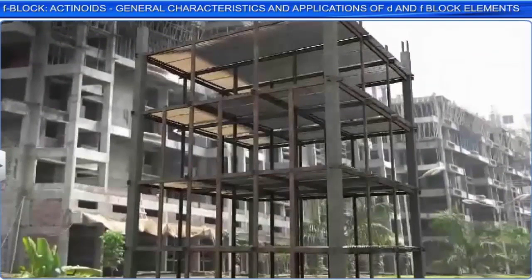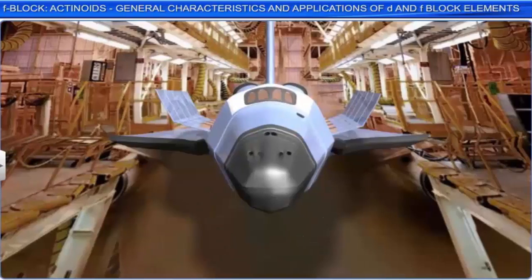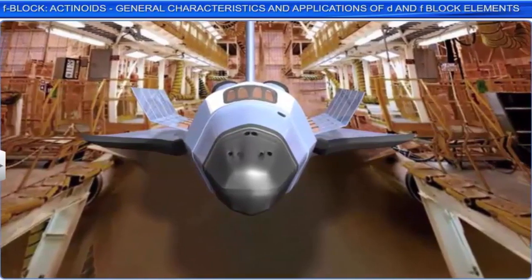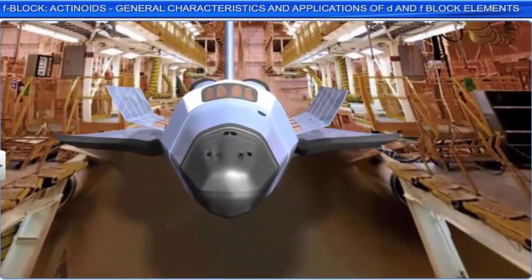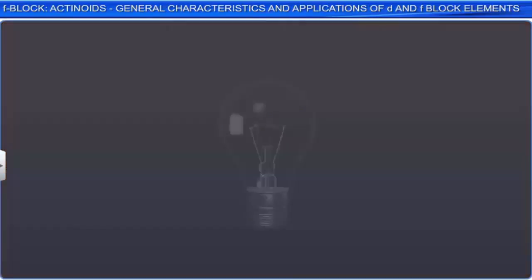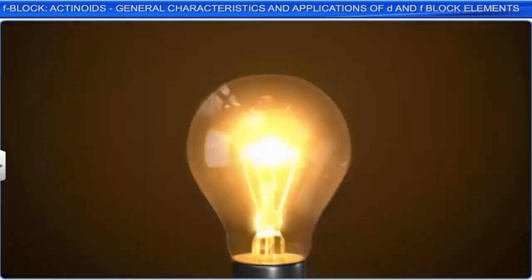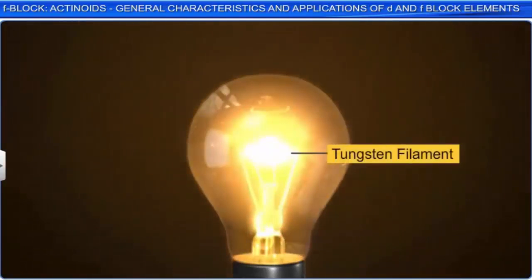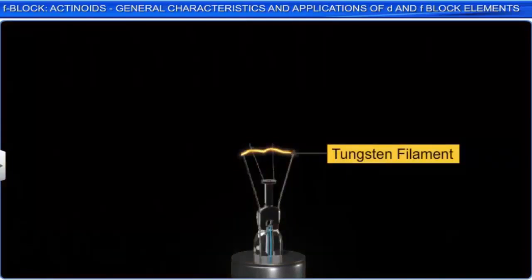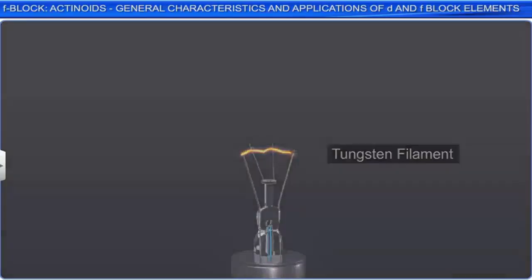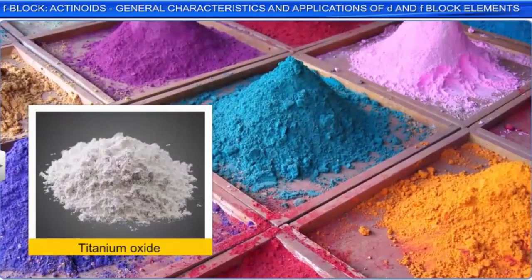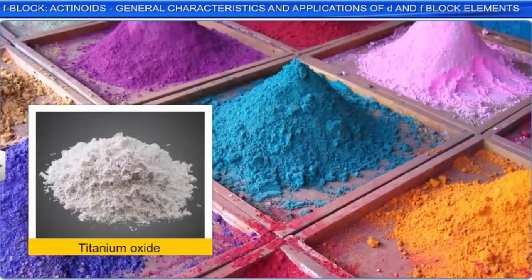Tungsten is used to make electrical filaments. Titanium oxide is used in the pigment industry. Manganese dioxide is used in dry battery cells. Zinc is used as the negative electrode in sealed dry batteries.